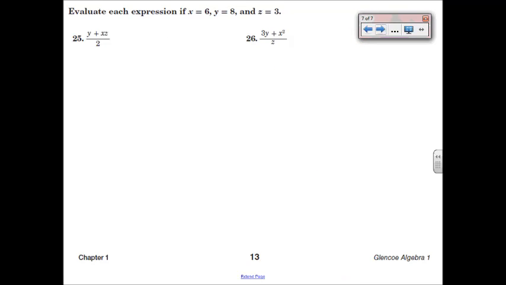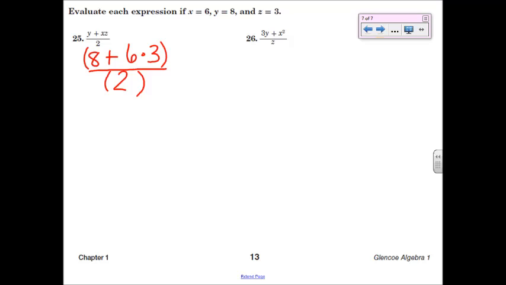All right. And our last problems. We have y plus x times z over 2. Y is 8 plus x is 6 times z is 3 over 2. And remember, when things are written as a fraction, it's basically division. So we're going to treat the top of our fraction like it's in parentheses, and then we'll treat the bottom of our fraction like it's in parentheses.